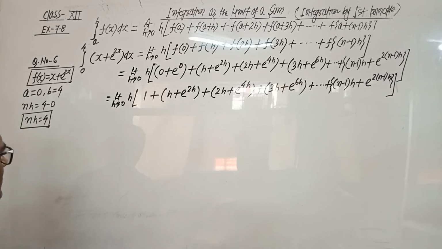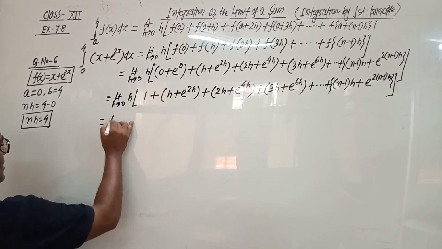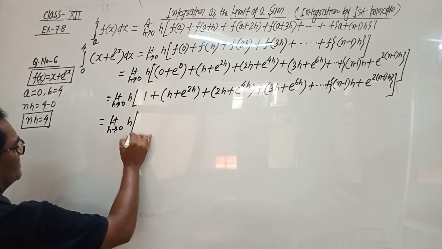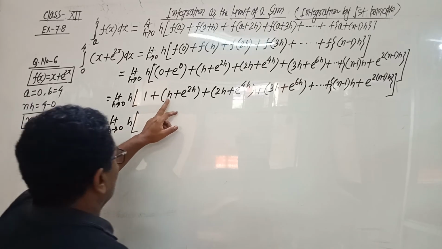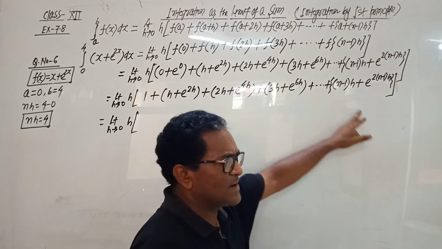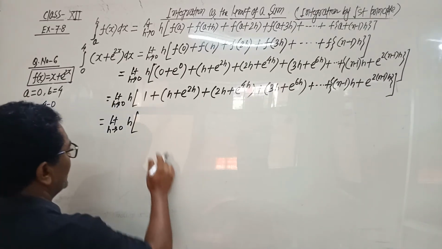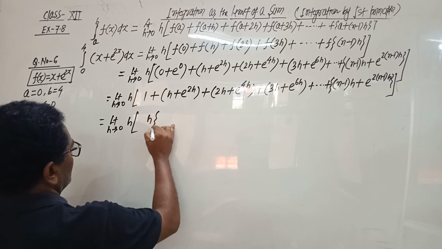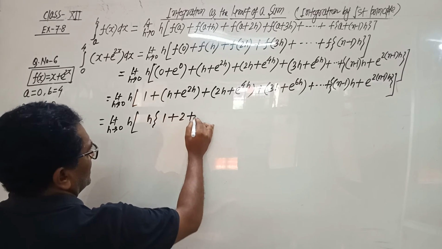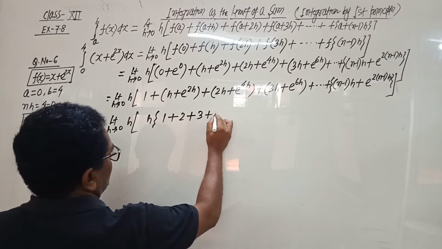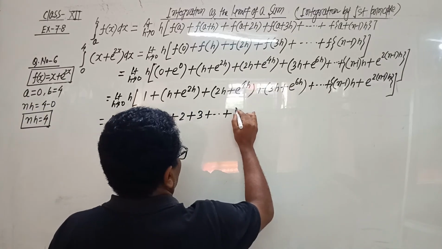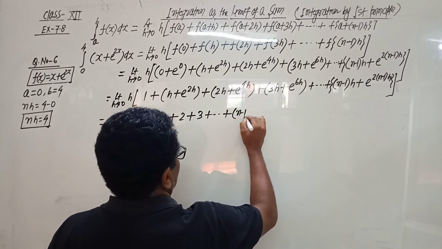Now this would be expressed as limit h tends to 0, h from h, 2h, 3h, up to (n minus 1)h. We take h as common. So it comes 1 plus 2 plus 3 plus ... plus (n minus 1).